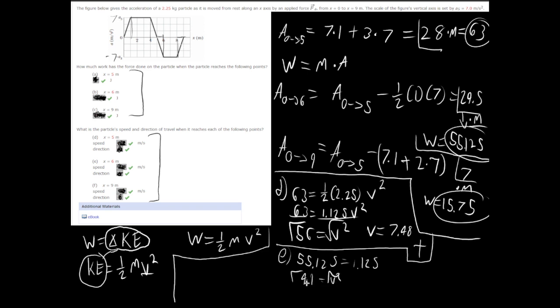Square root both sides, and we get, well, 7. I have it written down as 6.99. I'm hoping that 7 is accurate enough. My mistakes if there was an error, but it looks to me like this is very, very close to being correct. It might be a rounding mistake.